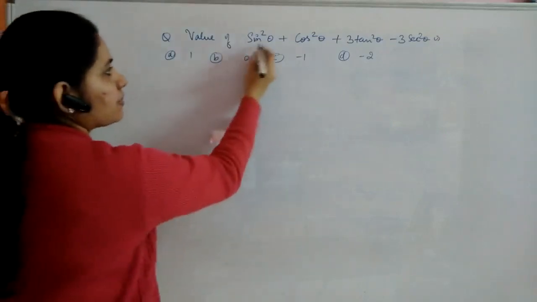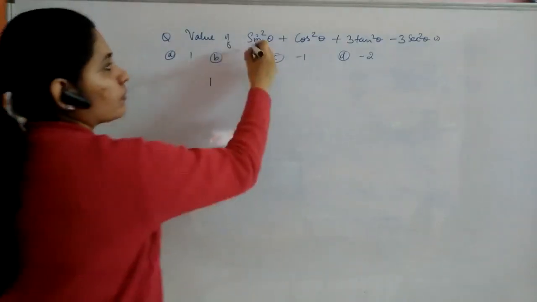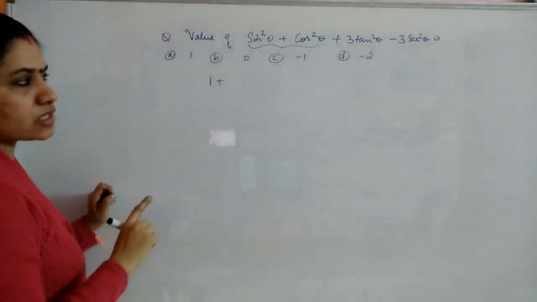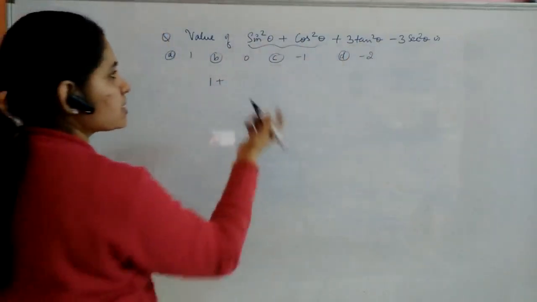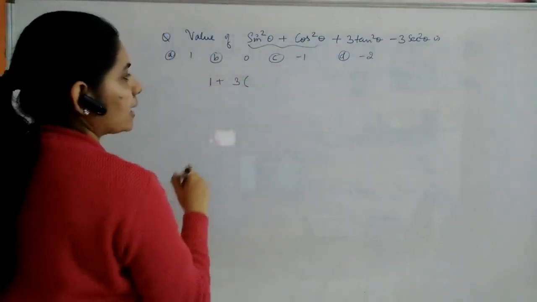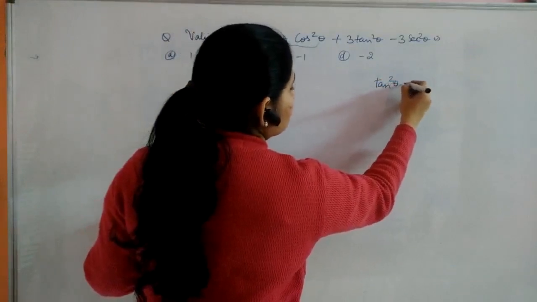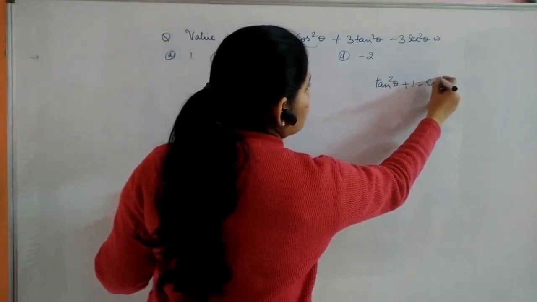So sin square theta plus cos square theta will give you 1, this much. Then here, either of them you have to replace, either tan square or sec square, in the other terms. What is the relation connecting tan and sec? Tan square theta plus 1 will give you sec square theta.